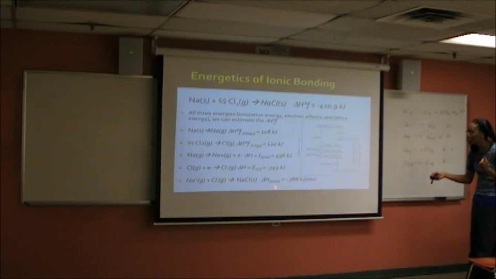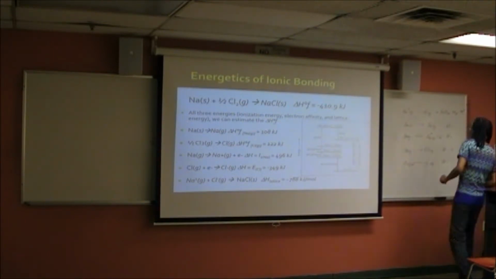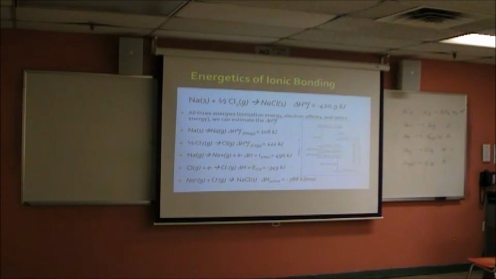And your lattice energy for when you actually form it is negative 788 kJs. Then you get negative 410.9, which is the same thing. You add up everything.